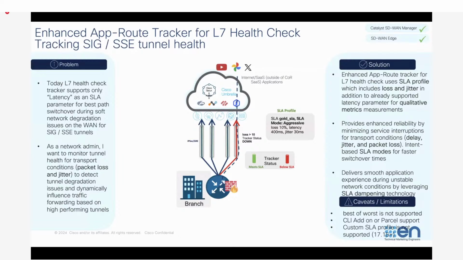So when there are tunnels, like 4 tunnels here, we monitor them. Let's say tunnel 4 is out of the SLA because it has a loss on this tunnel which is greater than 10%. Now the traffic will be switched over to the best tunnel.